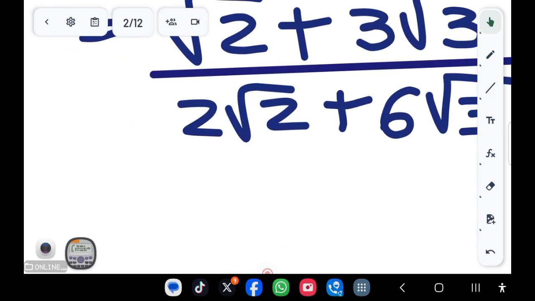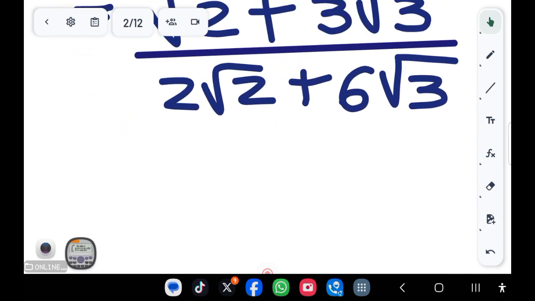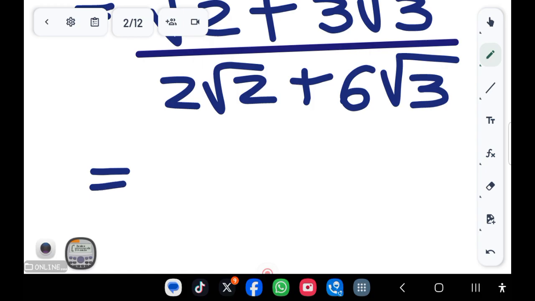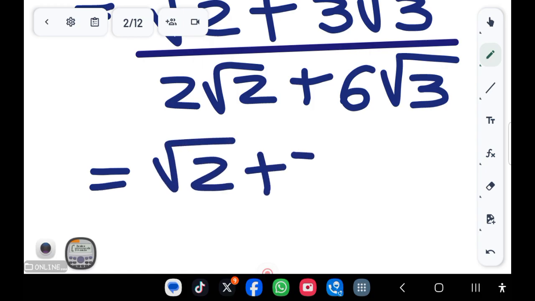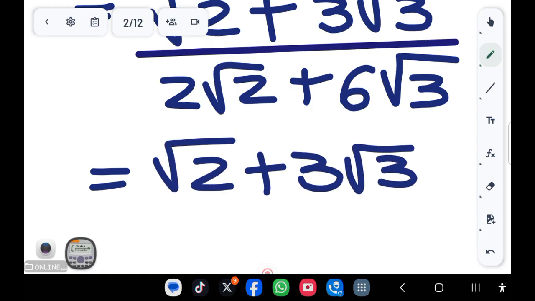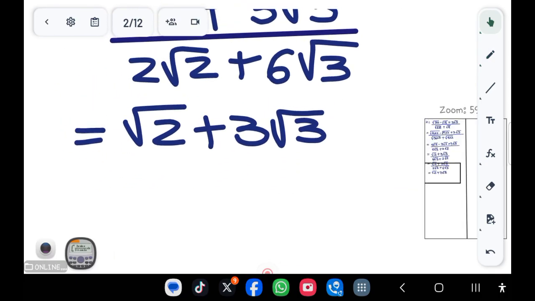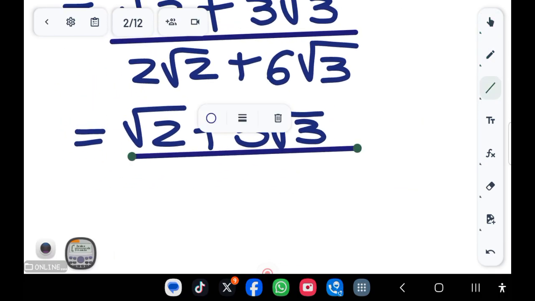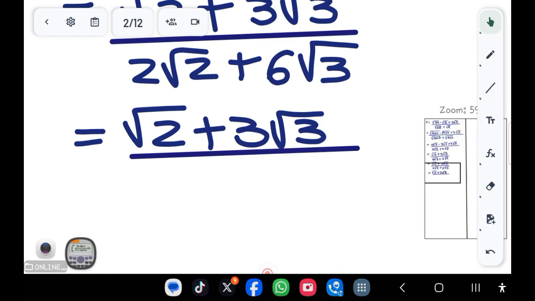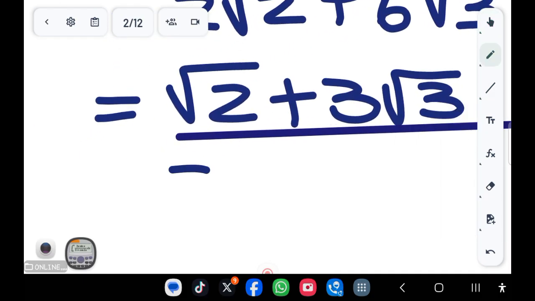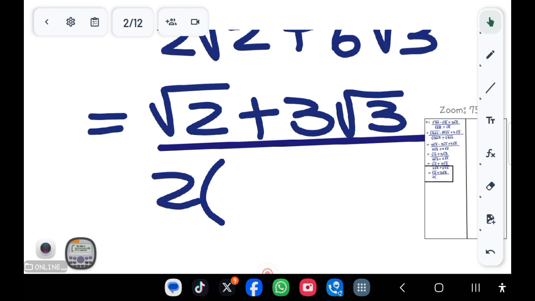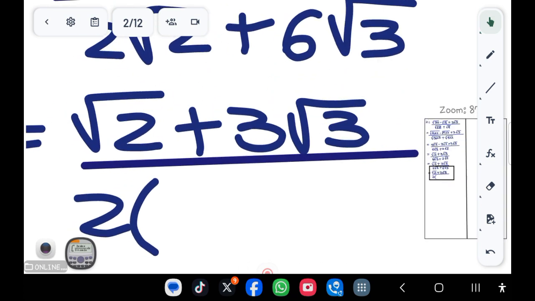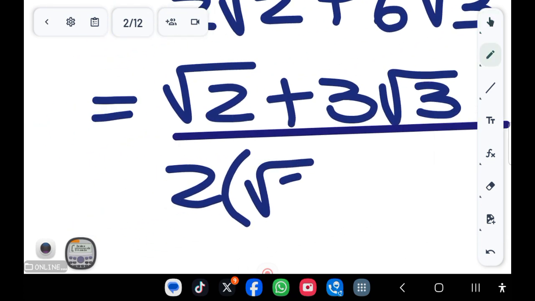And now we factorize the denominator, and you will see we'll end up with a common factor. We'll take out a common factor at the bottom. The common factor is 2, and that leaves us with root 2 plus 3 root 3.